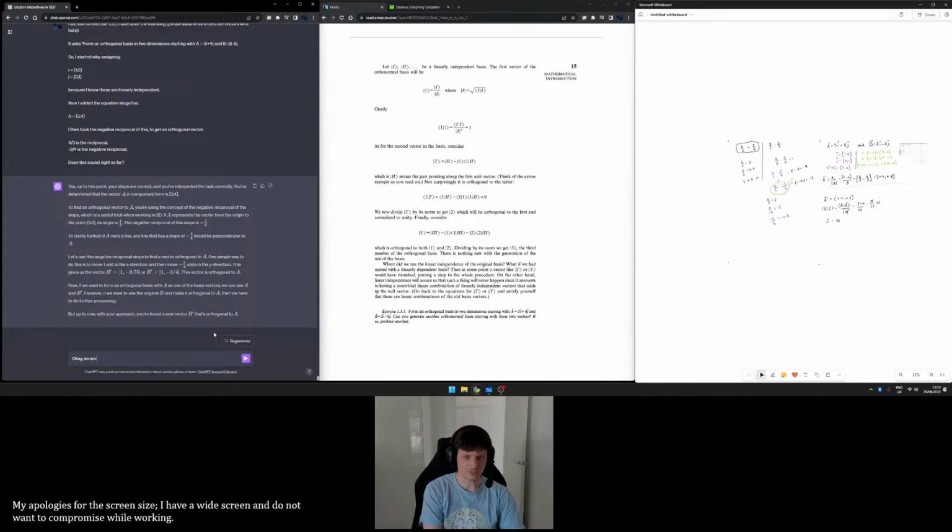Okay, so moving on from that, it says, can you generate another orthonormal basis starting with these two vectors? And what did we do? Why is this zoomed out so much?